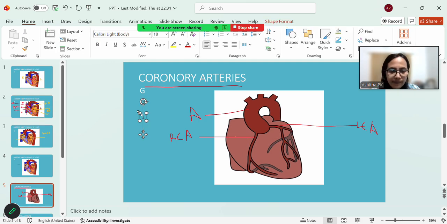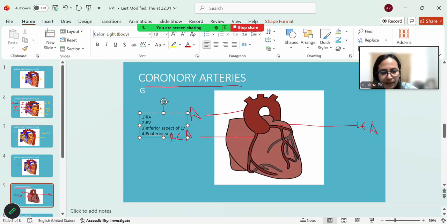first, the right atrium; second, the right ventricle; third, the inferior aspect of the left ventricle; fourth, the posterior septal area.